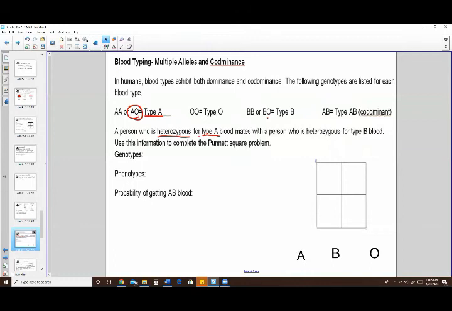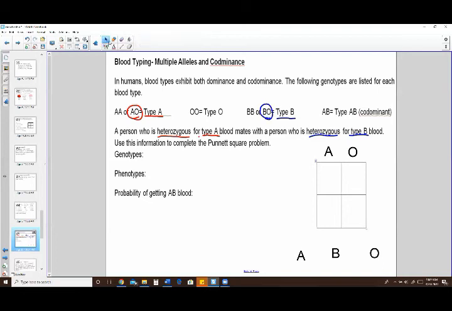Okay, so parent A, or parent 1, is AO. All right, parent 2, so let me use a different color here, is heterozygous, but for type B blood. So I'm going to look at type B, and I want the heterozygous one, so the one with different genes in it, so that's going to be this one.